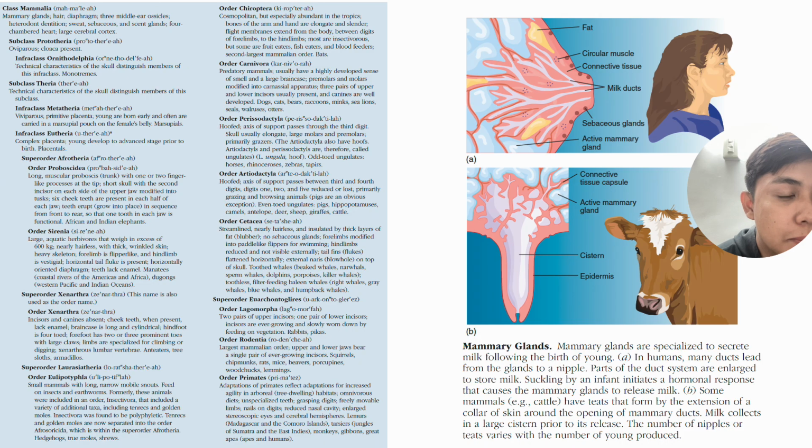They have a complex placenta. Young develop to an advanced stage prior to birth, which we call placentals. Now we have the superorder Afrotheria. Orders include Proboscidea, which includes elephants, both the African and the Indian elephants.